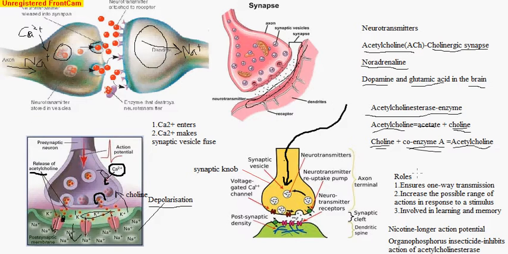Then what are the roles of this synapse? Okay, why do we need a synapse in between two neurons? Why is there not a continuous transfer of impulse? Okay, so one of the reasons we have synapses is because it ensures one-way transmission.